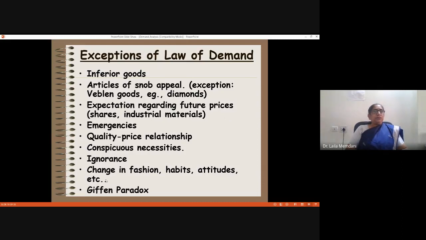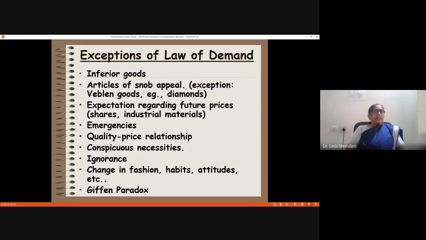People needed to recover fast and they were ready to pay a higher price. So demand was increasing even though the price was high. Sometimes the quality-price relationship will be there in our mind. If something is available at a cheaper rate, we feel that the quality will be less.